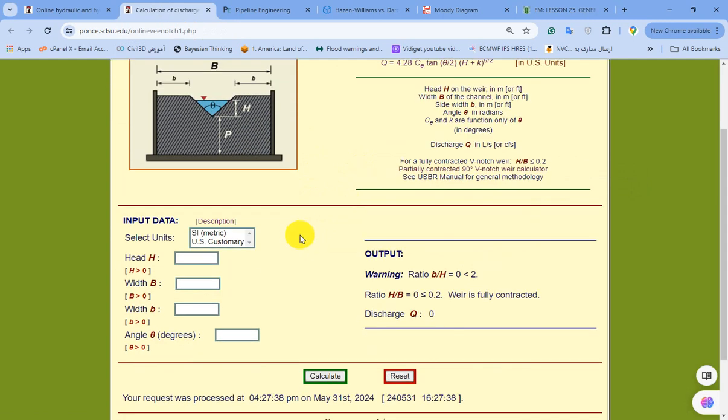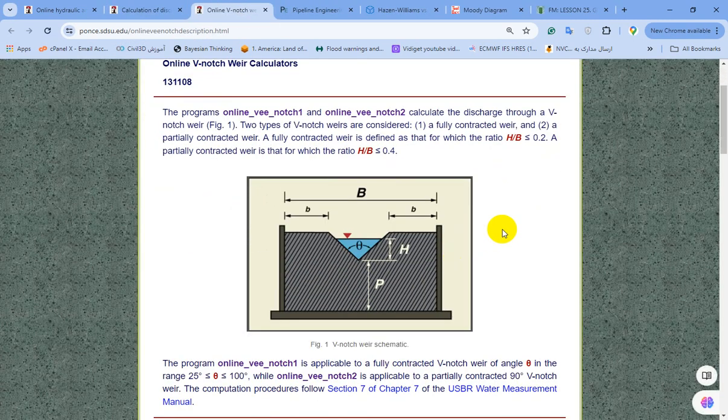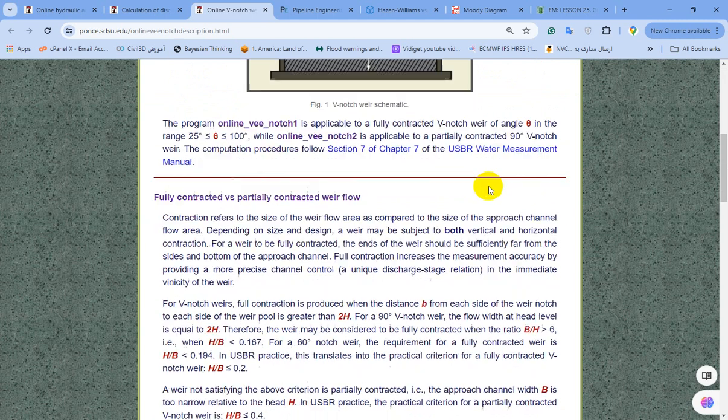Also, in order to find more information about this weir type, click on description, and in this section all related information for this weir is presented.